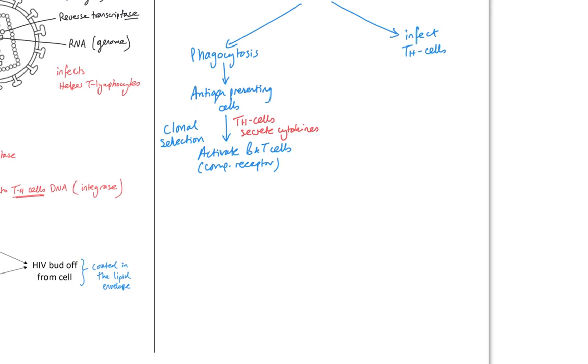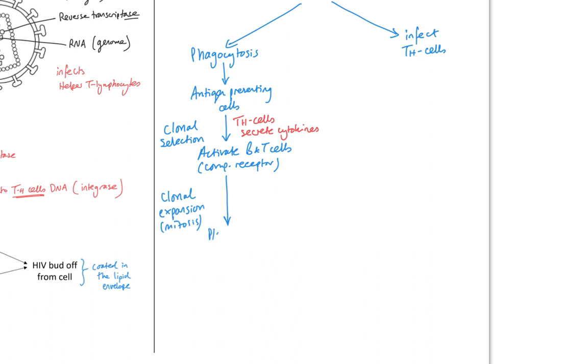So then we undergo clonal expansion. You talk about mitosis here as well. So we get an army.